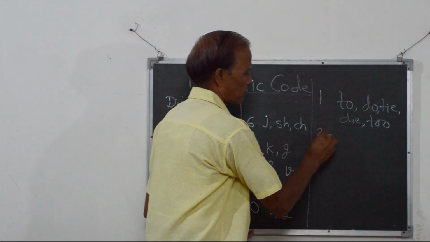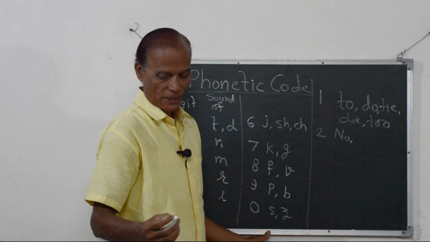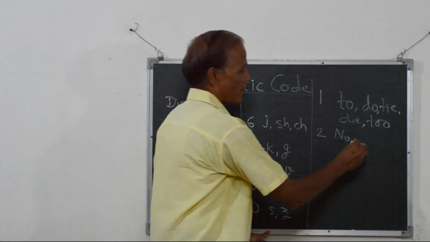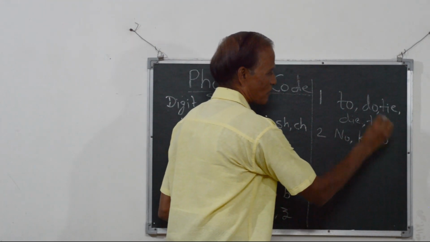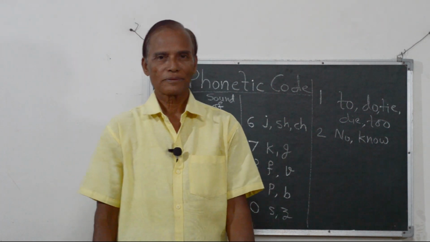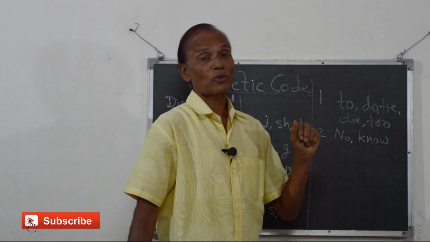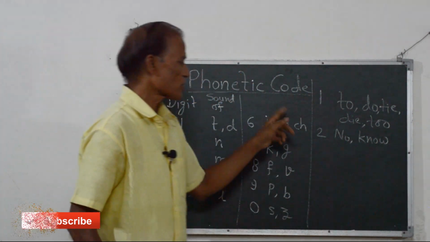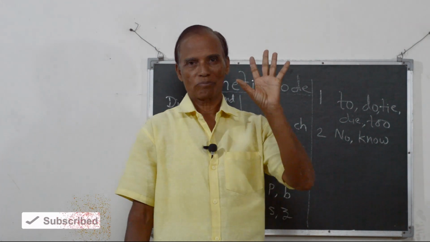For 2, I can use no, or say, just see this word. This is interesting. There is K, there is N, there is W also. See, W is not in this list. So W can be used freely anywhere.